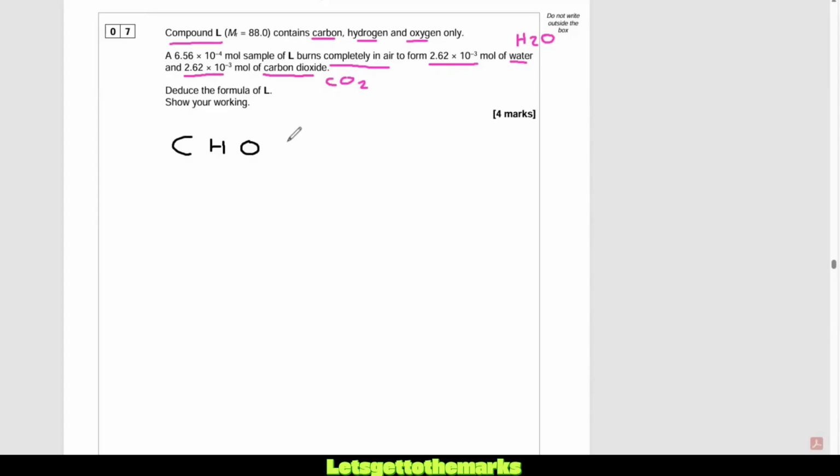Now we know that it burns in air, and organic compounds made of carbon, hydrogen, and oxygen are going to react with oxygen in the air in a combustion equation to make carbon dioxide and water. So we can essentially write the equation out. We know that carbon dioxide and water are 1 to 1, and we know the moles of them.